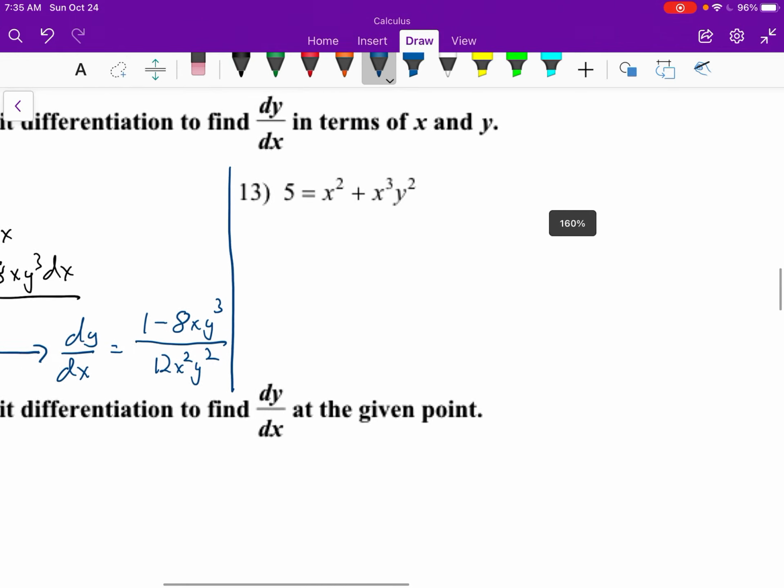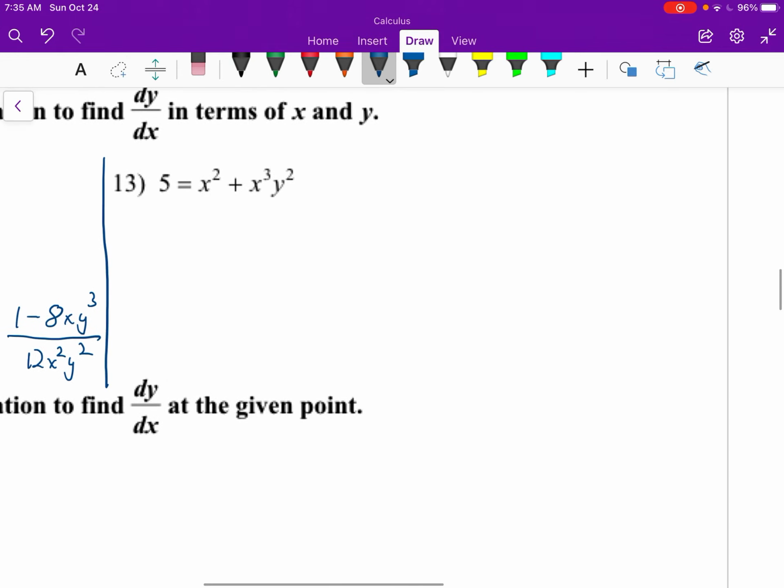Zoom in a little bit, so hopefully I can fit it all in. All right, differential of 5 is just 0. So 0 equals, first one here is just 2x dx. Second one, we have a product rule. So we need to use that product rule.